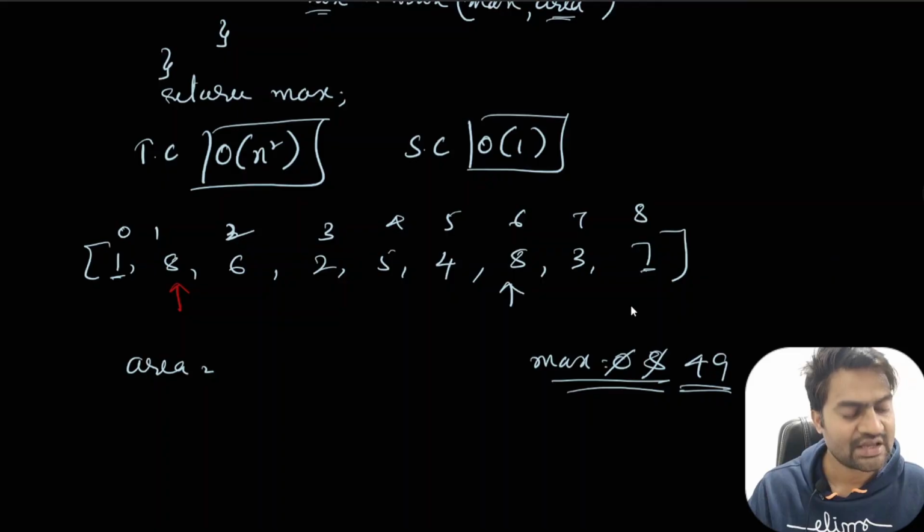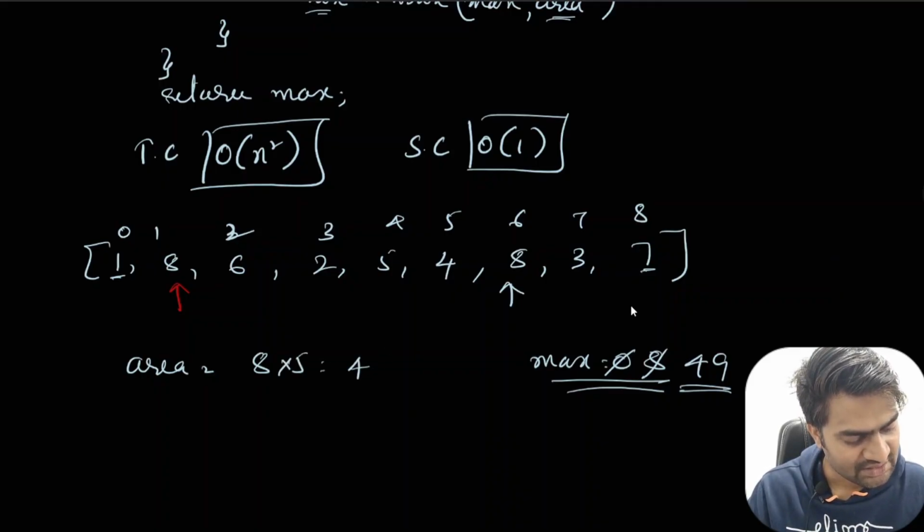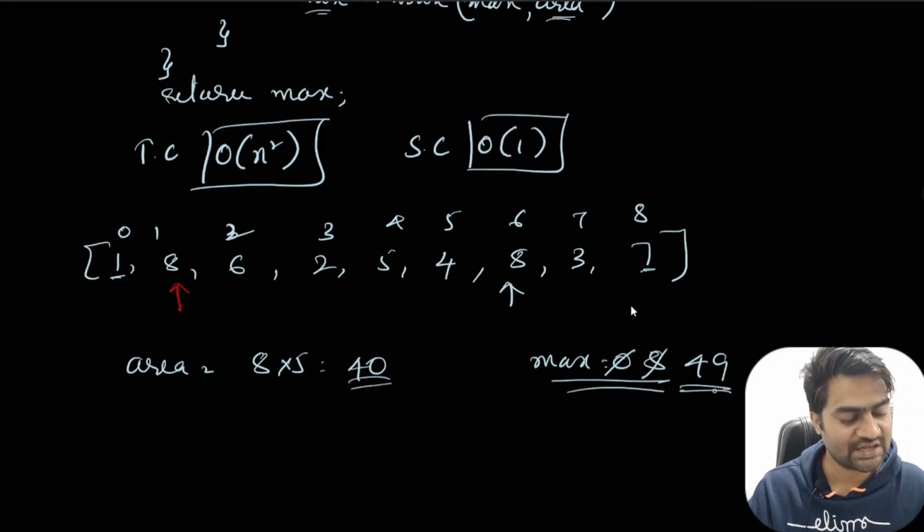Now both are 8s, so the minimum, you can take 8. The distance between them is 6 minus 1, which is 5, so its value is 40. 40 is again less than 49, so I don't update.